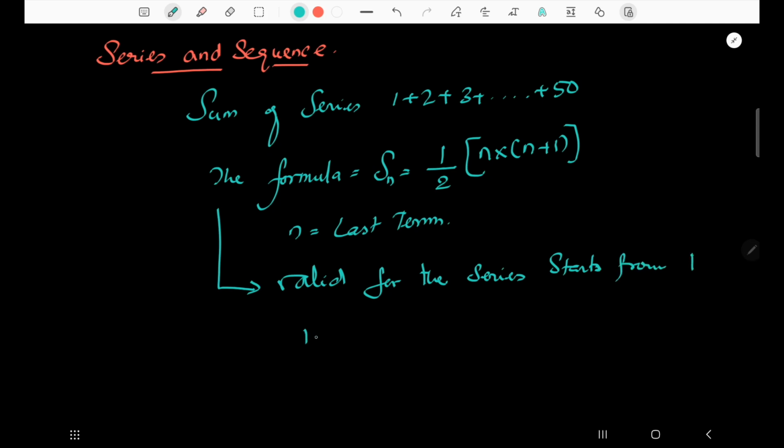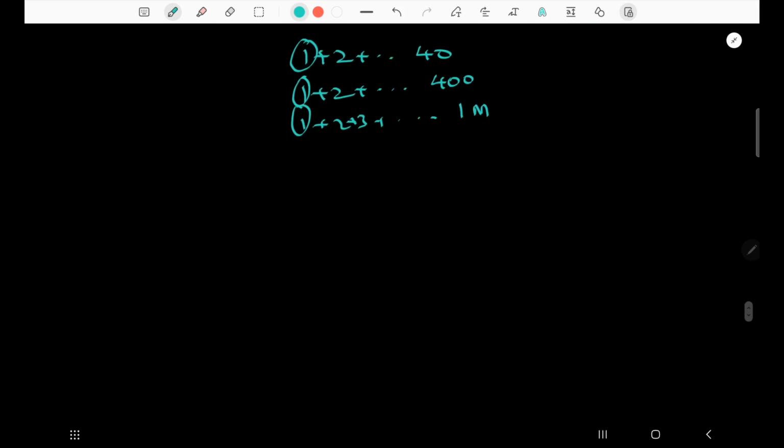You can say 1 plus 2 plus until 40, or 1 plus 2 plus until say 400, or 1 plus 2 plus 3 plus until 1 million. So the above formula, half times n into n plus 1, is valid if the first term is 1.